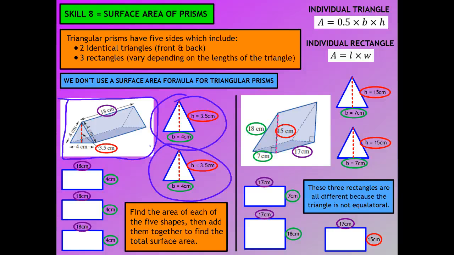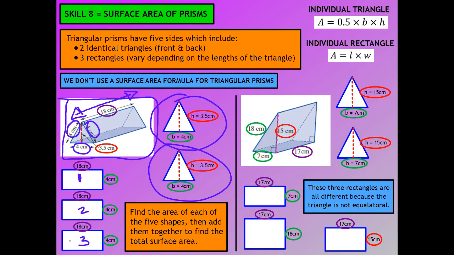Now we have 3 rectangles. All of these rectangles are the same. They're all 4 centimeters because all of these lengths are 4 centimeters, and they're all 18 centimeters long because it's 18 from the front to the back. So number 1 rectangle, number 2 rectangle, and number 3 rectangle are all identical, all 18 by 4.